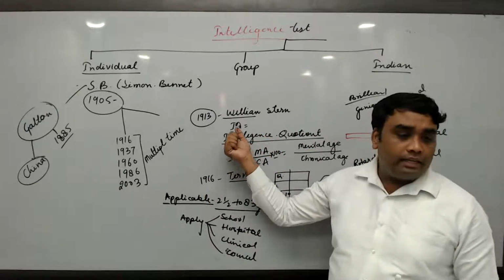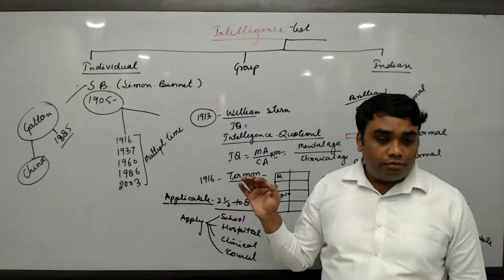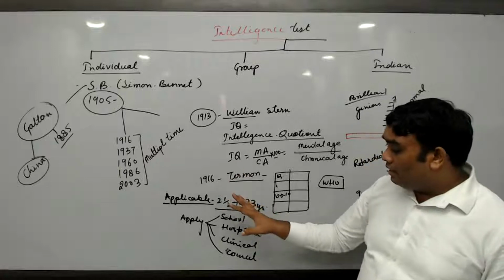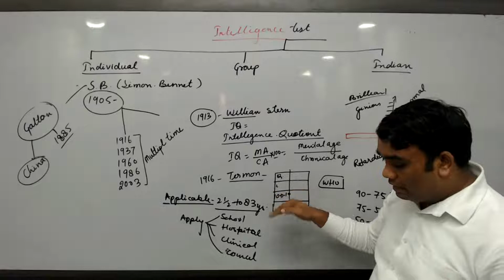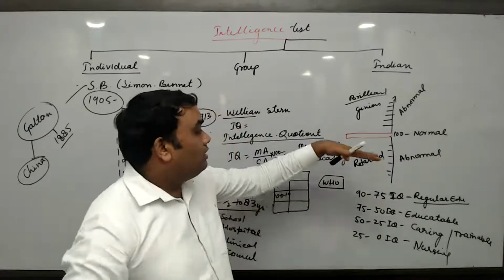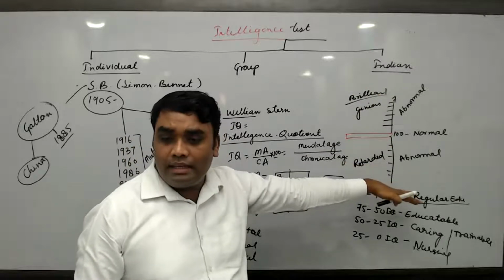IQ means intelligence quotient, the formula as I mentioned on the screen. This test is all about defining normalcy, abnormality, or below normalcy.